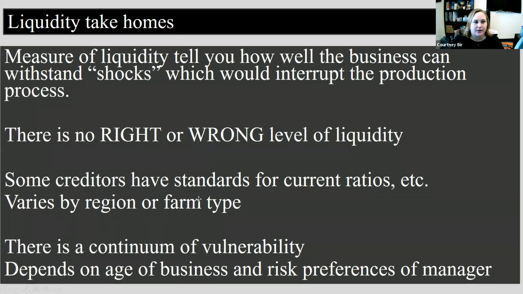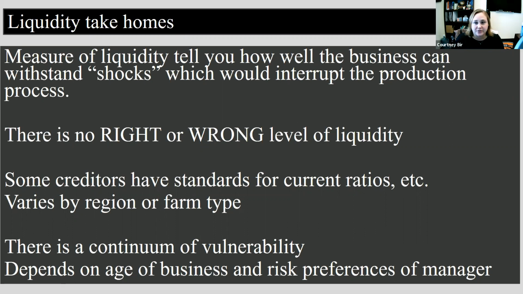So the liquidity take home. Measures of liquidity tell you how well the business can withstand shocks in the production process. There is no right or wrong level of liquidity. It's all about your preferences in terms of your risk management, how comfortable you are, and how stable and reliable your income is.